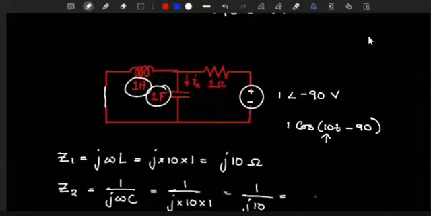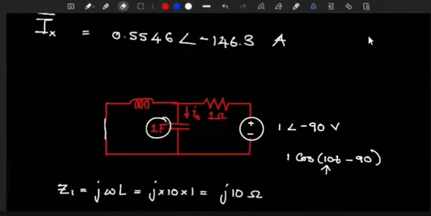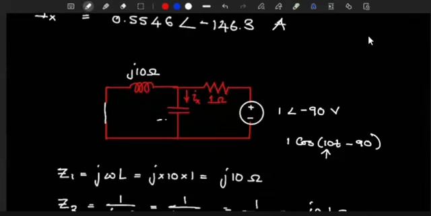So this becomes negative. Then 10 divides into 1 to give us 0.1. So I can view the inductor in terms of its impedance, j10. I can view the capacitor in terms of its impedance, minus j0.1.